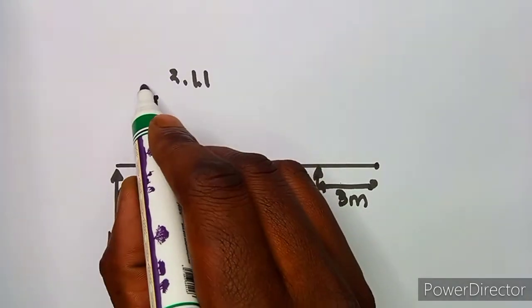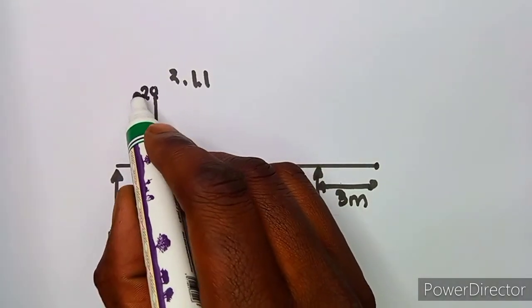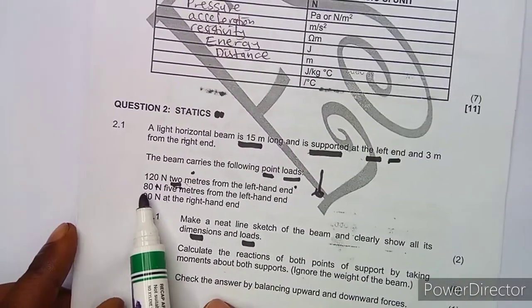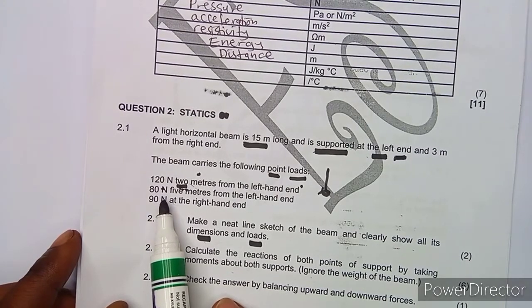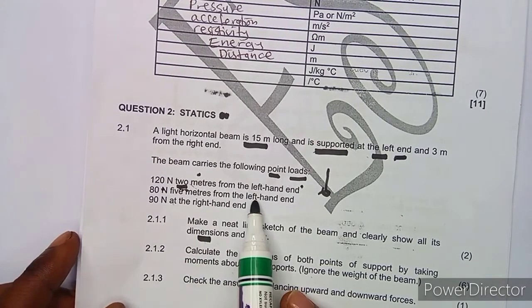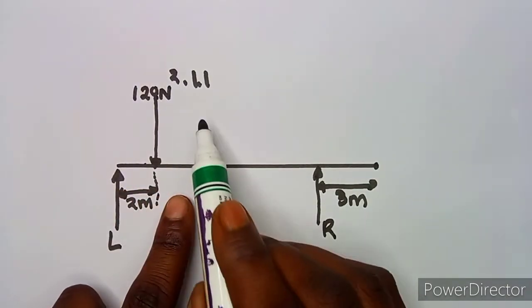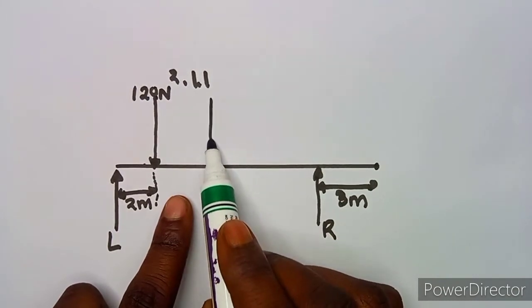Okay, so this is 120, that's 120 newtons. Okay, then what else do we have? 80 newtons, which is 5 meters from the left. So remember, we have 2 meters from the left, so 5 meters means we shall have it somewhere here.